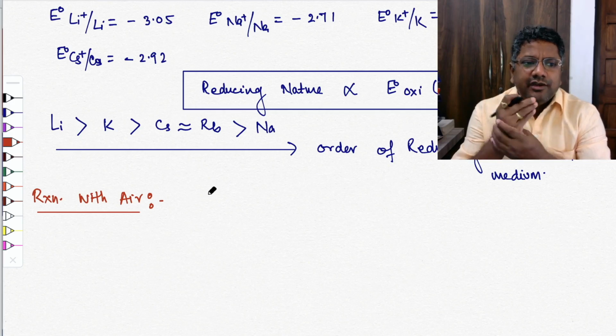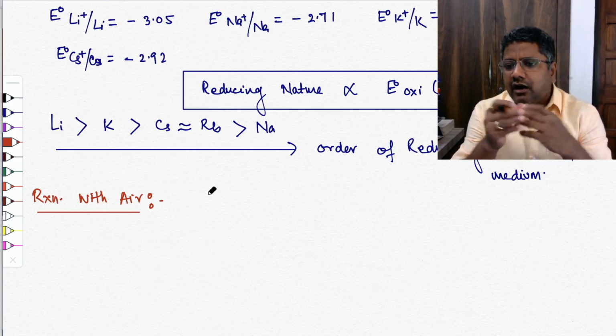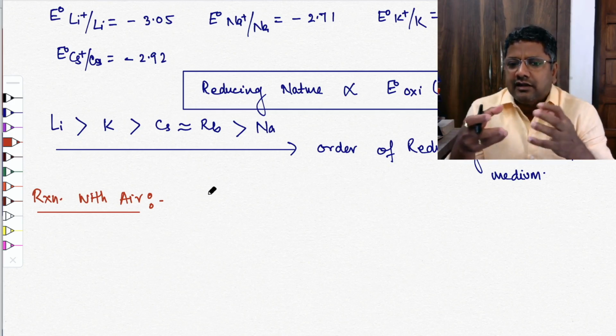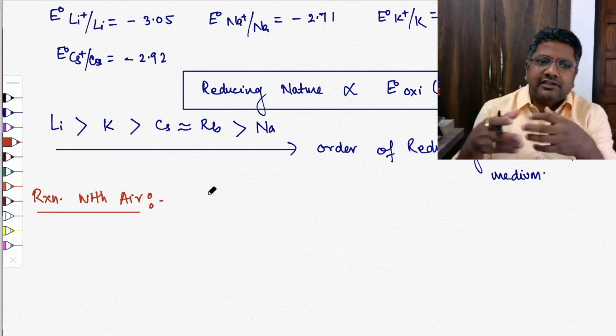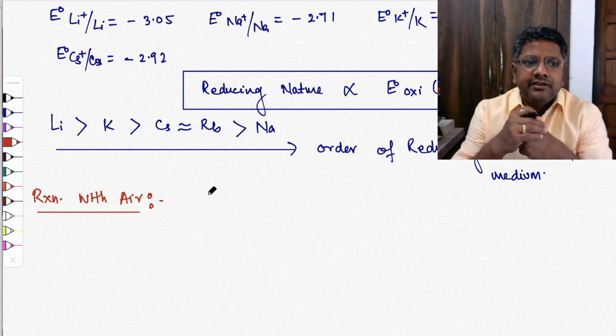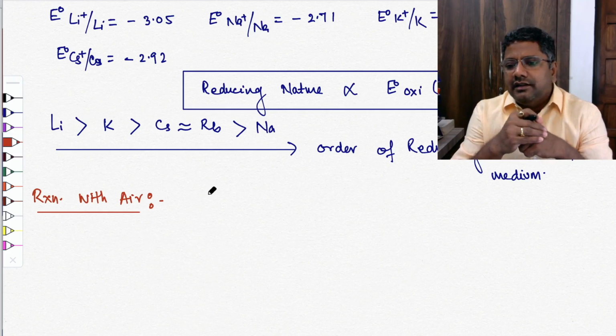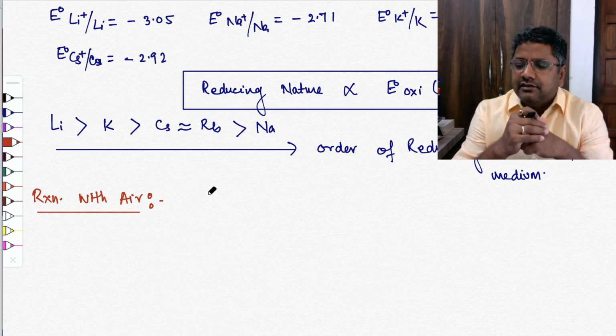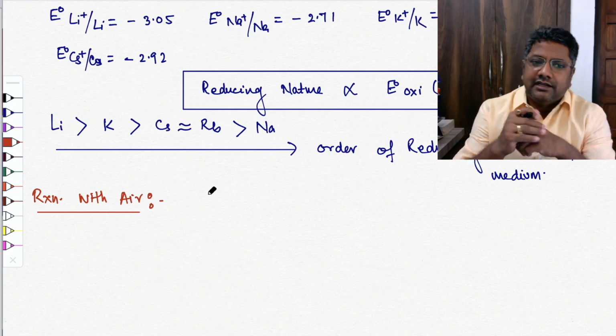Sodium, potassium, rubidium, cesium form oxide or peroxide or superoxide, different kinds of oxides we can say, but lithium forms oxide as well as nitride.